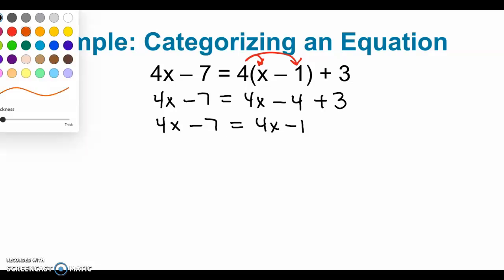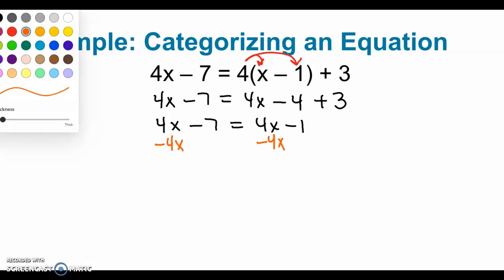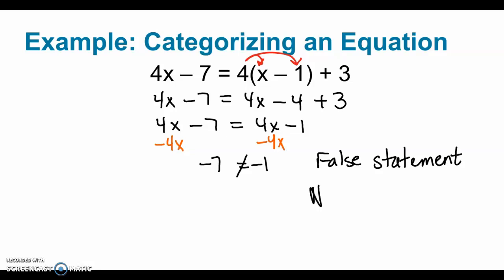Then I'm going to move my variable terms all to one side. So I'm going to subtract 4x from both sides, and I end up with that zeroes out here. It zeroes out also over here, and I end up with negative 7 is equal to negative 1. This is not a true statement. This is a false statement. And so if you ever end up where you're solving an equation and you get a false statement like this, then your answer is going to be no solution.